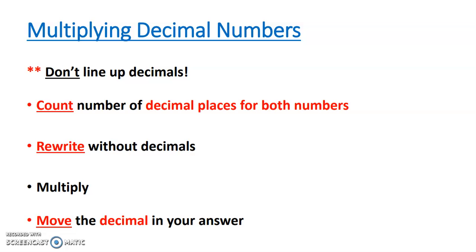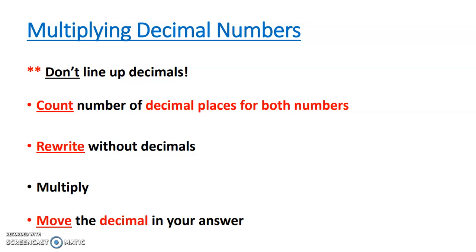We're not going to try to line up decimals. We have to line up decimals when we add and subtract decimal numbers, but never when we multiply decimals. Instead, what we can do is count the number of decimal places for both our multiplicand and our multiplier, the two numbers that we're multiplying with each other. If you have, for example, two decimal places in your first number and two decimal places in your second number, you're going to add those two together for a total of 4 decimal places in your answer.